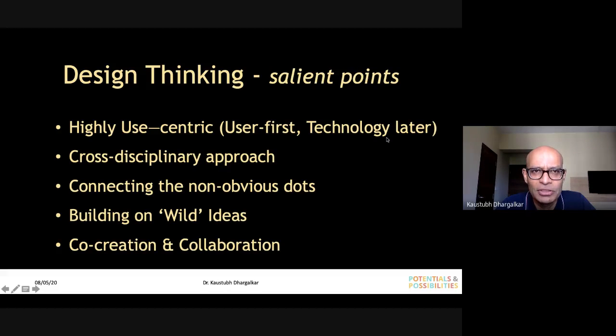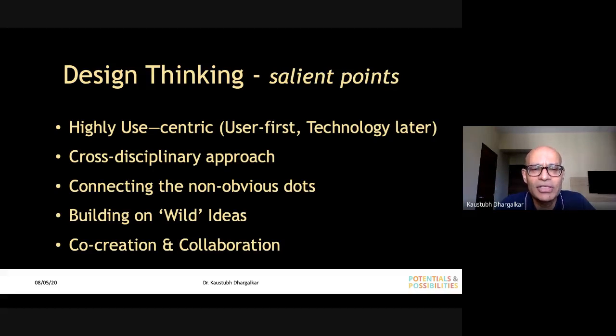It keeps the user at the center throughout the problem-solving process, right from problem identification to problem definition to prototype creation, solution generation, testing, and it's an iterative loop. Test, prototype, get feedback, get better.